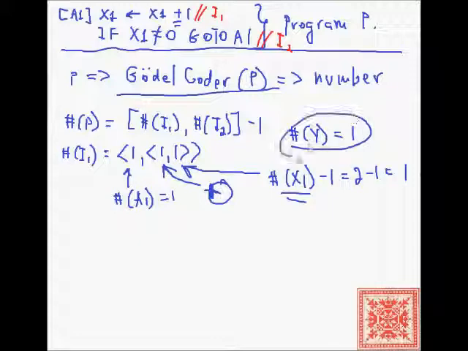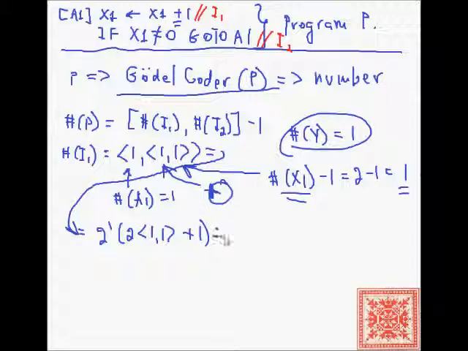And remember that the first variable in our sequence of variables is y. So the number of x1 is 1, and then we subtract 1 from it and get 1. So the pairing function gives us 2 to the first times the pair of 1, 1 plus 1, minus 1.